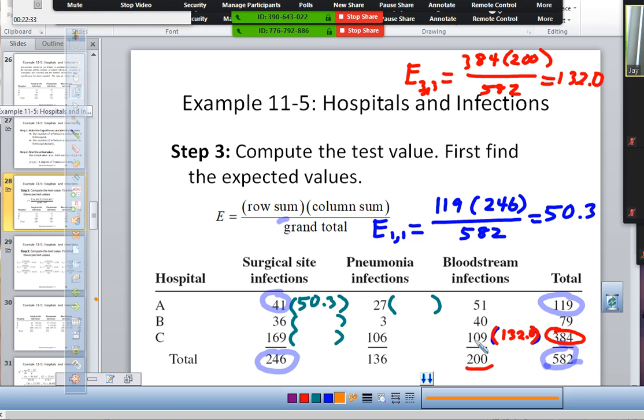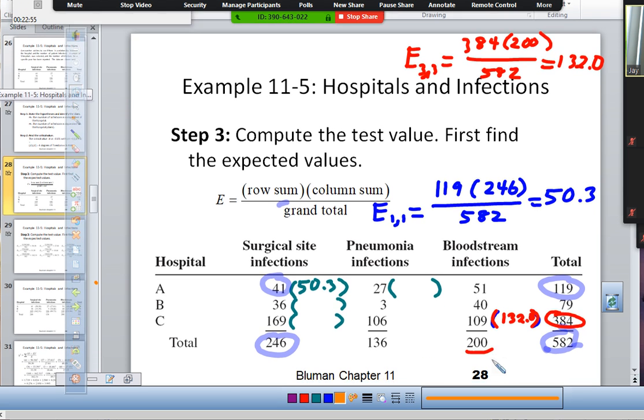Good? Theoretically, you should find all of them. But I just want you to be able to prove you know how to find it. So just the first and the last one is good enough. That'll work. And again, I would say 3 sig figs. Okay. Everybody on board with this part? How to find the first and last expected?